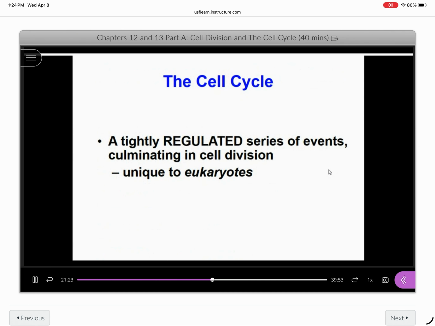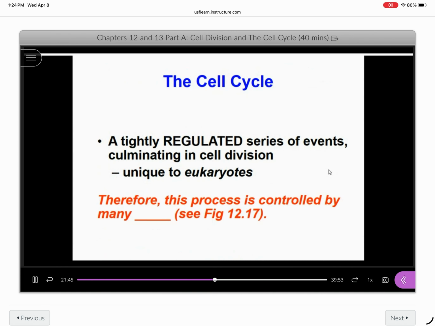What the heck is the cell cycle? It's a tightly regulated series of events that culminate in cell division. And it is unique to eukaryotes.